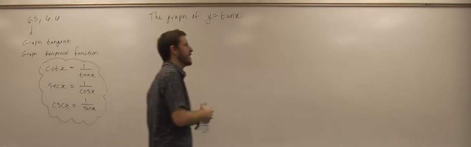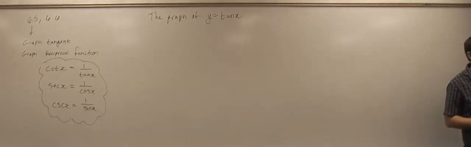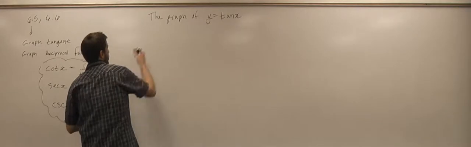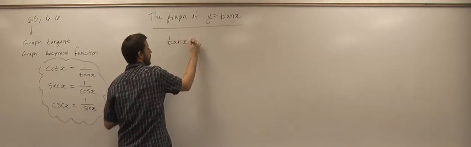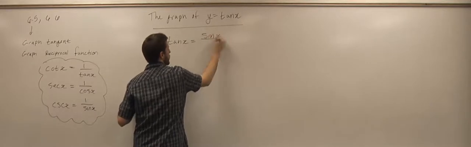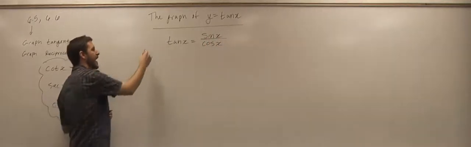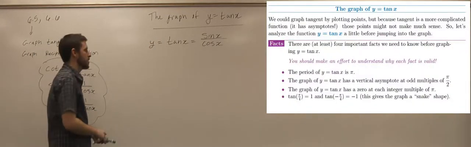There are four important things you really need to grasp in order to get an easy, good-looking picture of tangent. Through all of this, you want to be thinking that tan x is equal to sine x over cos x. And again, x is an angle, and y is your ratio on the unit circle.